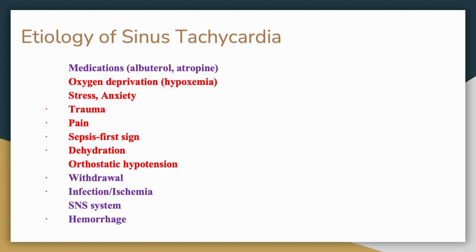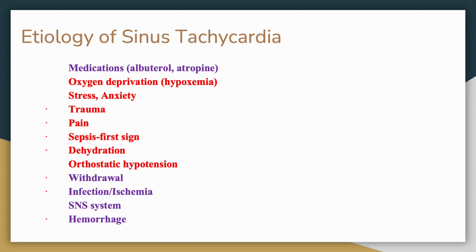Now you already know medications like albuterol and atropine, right, can cause a fast heart rate. I had told you that tachycardia is one of the first signs. It is the first sign of hypoxemia, when your patient's getting hypoxic, right? Stress and anxiety, before you take an exam in nursing school, right? Your heart rate's probably a little high. Trauma is from bleeding. You don't really need to know that. You'll learn that in med-surg too, actually. Pain, your patient's in pain, they may have a high heart rate.